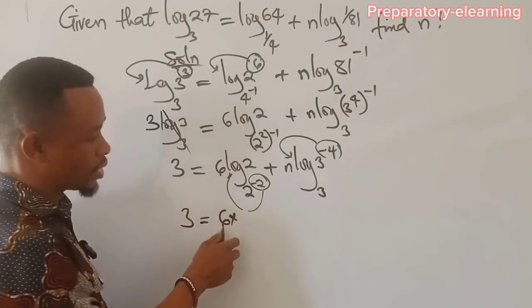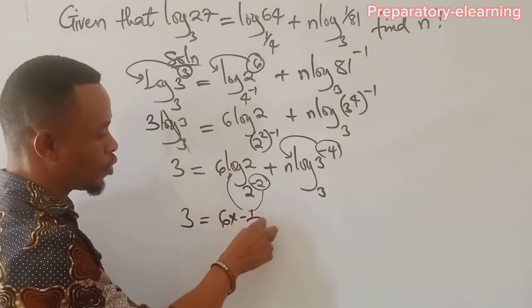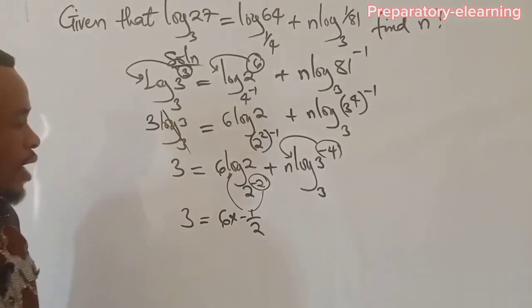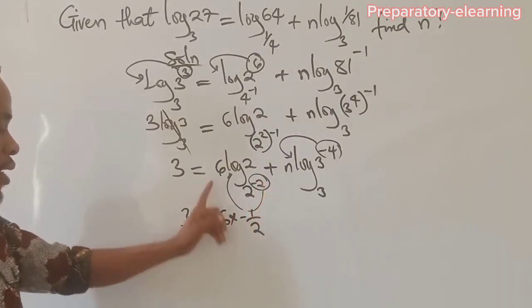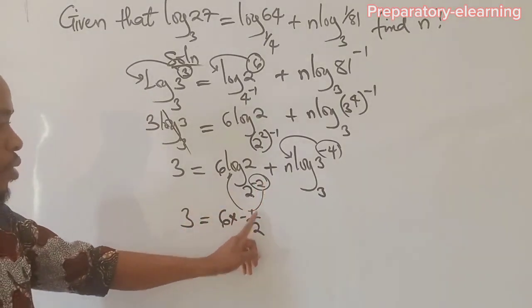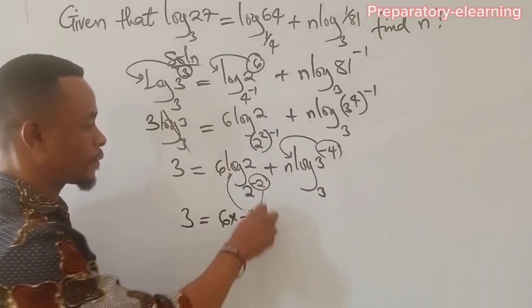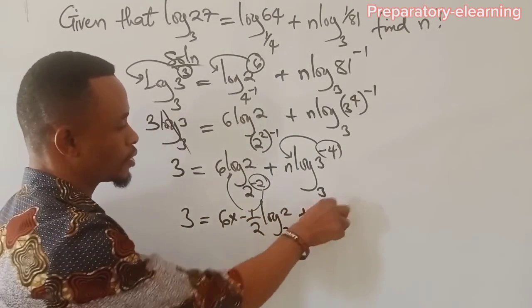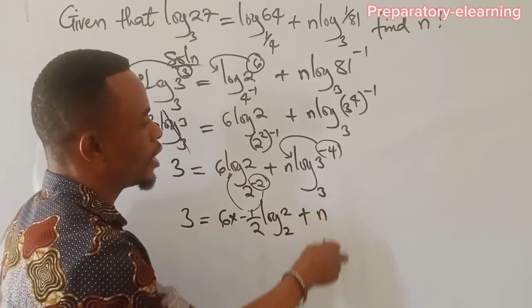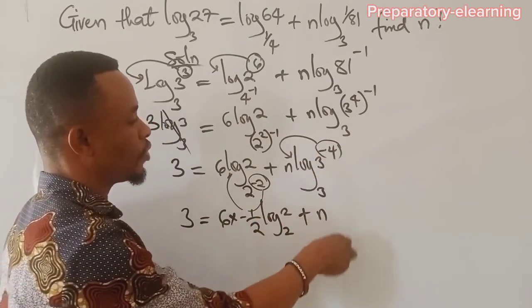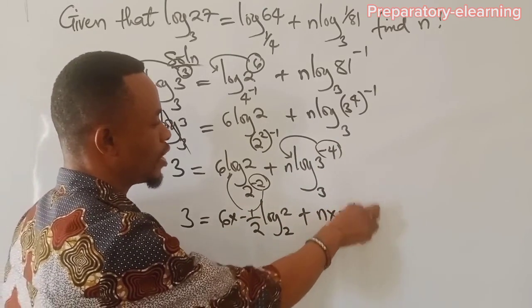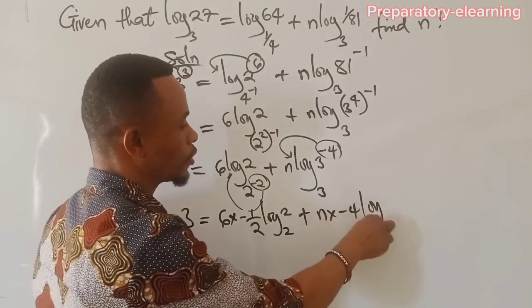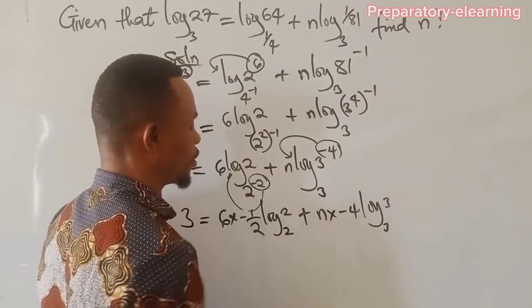That's going to be 6 times minus 1 over 2, because we have minus 2 here already, as is coming is minus 1 over 2 log 2 base 2, plus n, as this 4 is coming minus 4, it's multiplying this one, we have minus 4 log 3 base 3.